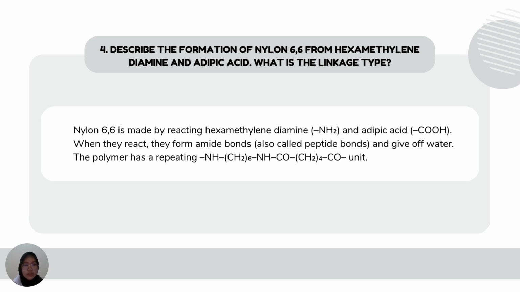Number 4, describe the formation of nylon 6 from hexamethylene diamine and adipic acid. What is the linkage type? Nylon 6 is made by reacting hexamethylene diamine, NH2, and adipic acid, COOH.